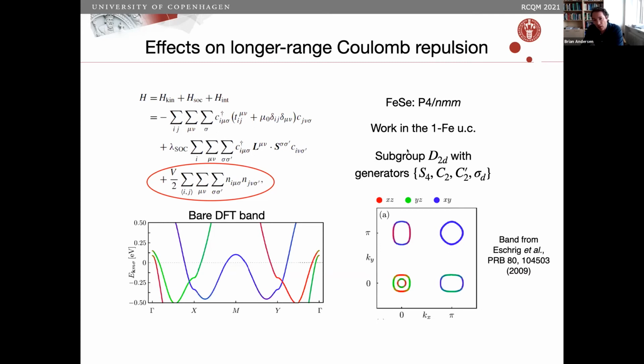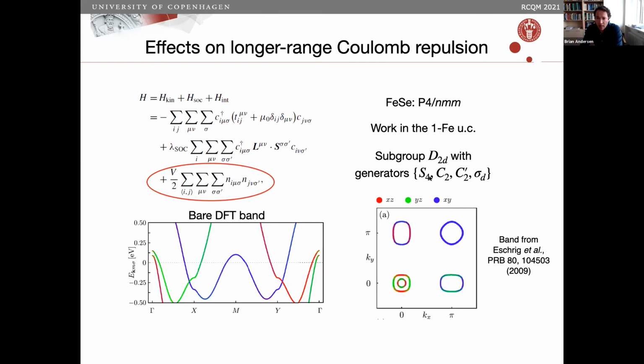Doing that, the right factor group is lowered to a subgroup, and this correct subgroup is actually D2d, not D4h, because the right downfolded band structure knows about the selenium being above and below the planes.